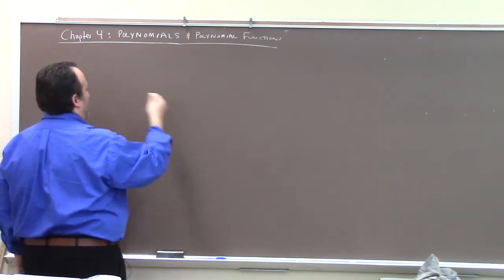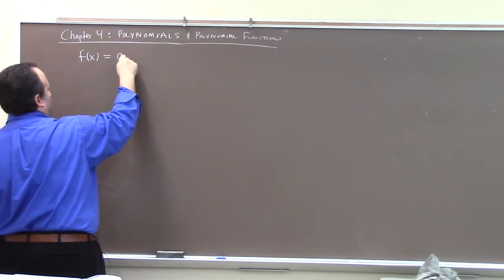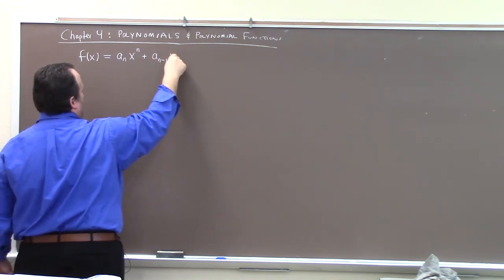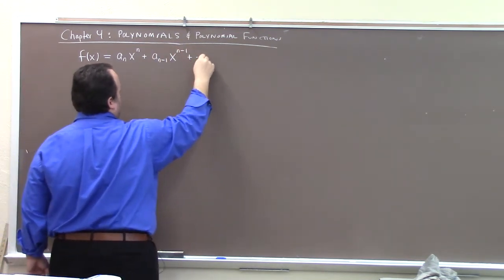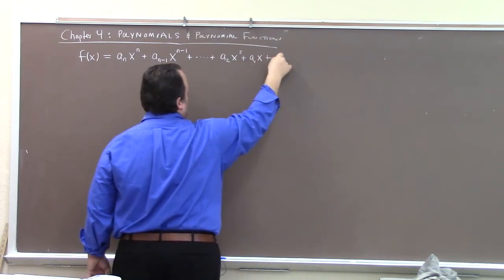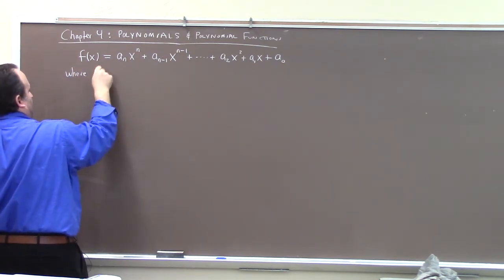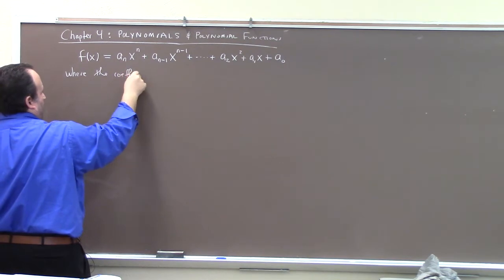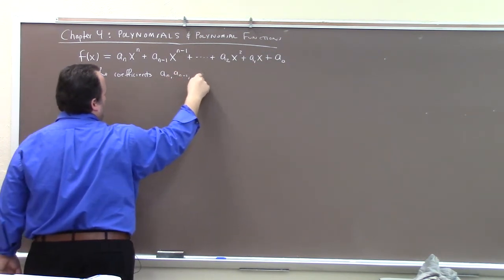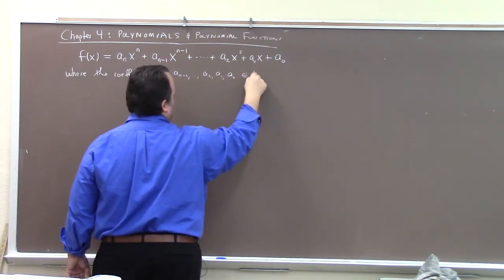Okay, so what's a polynomial function? Something like this. If you can write f of x is equal to a sub n x to the n, plus a sub n minus 1 x to the n minus 1, plus ... plus a2 x squared, plus a1 x, plus a0, where the coefficients a n, a n minus 1, a2, a1 and a0 are all elements of the real number system.